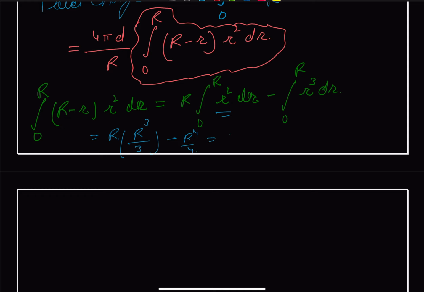So this can be written as R4 by 3 minus R4 by 4.